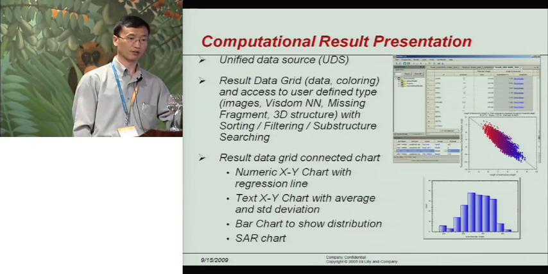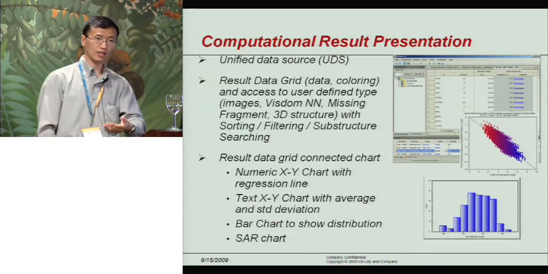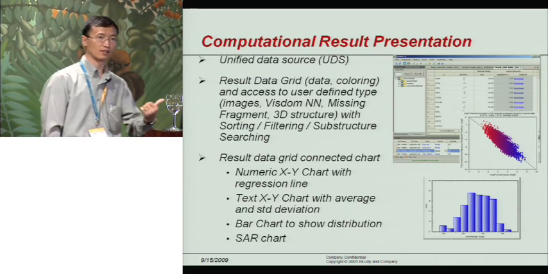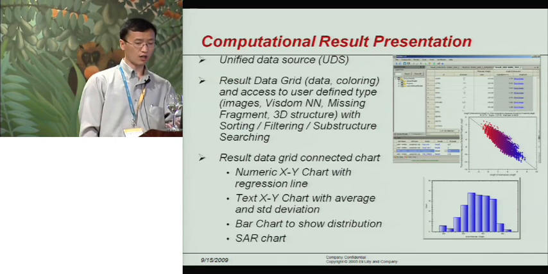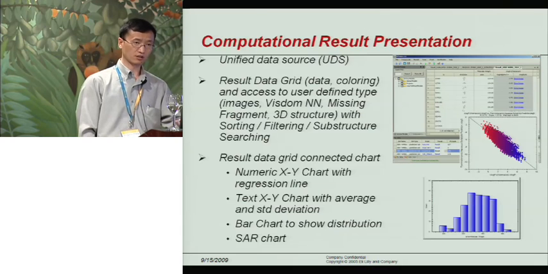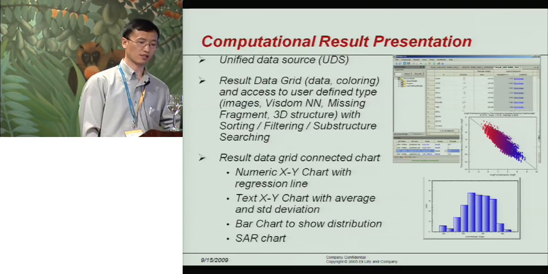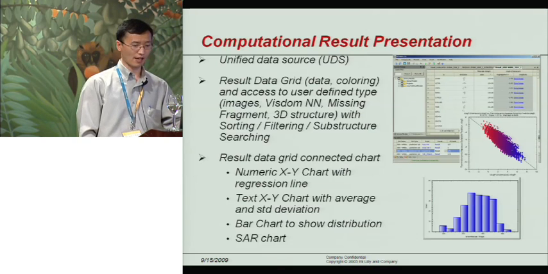Whatever you do on the data grid is reflected on the chart, and whatever you do on the chart is reflected on the data grid. And when you move your mouse over, the structure will be shown. As a chemist, you know your structure, and you can see the response you get.